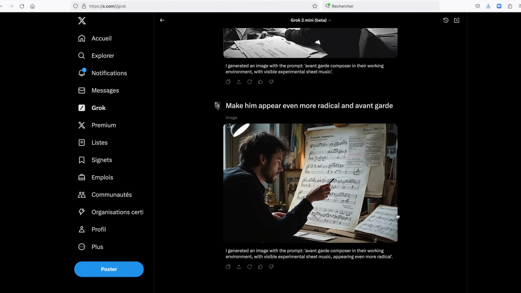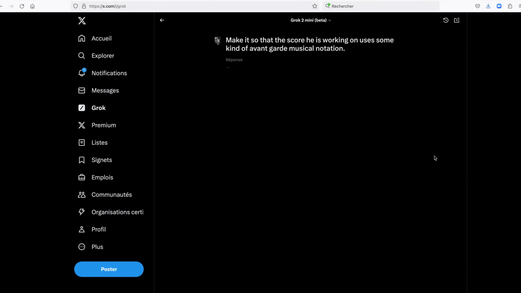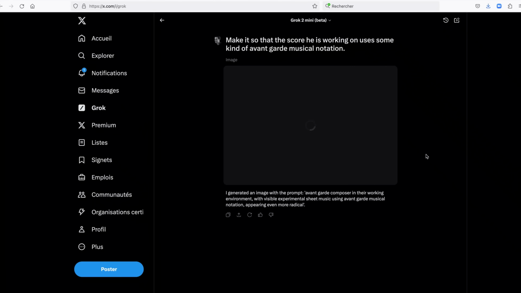So let's see if we can refine this. Make it so that the score he is working on uses some kind of avant-garde musical notation. Now let's see what happens. Oh, that's good.